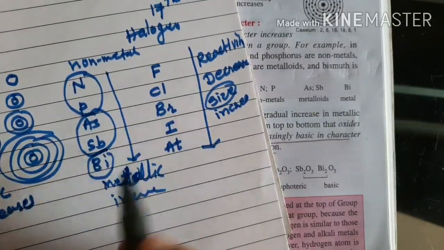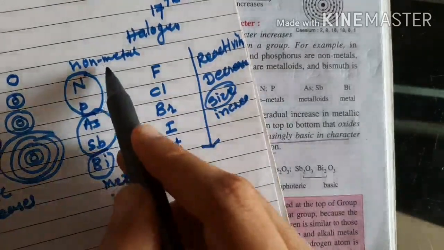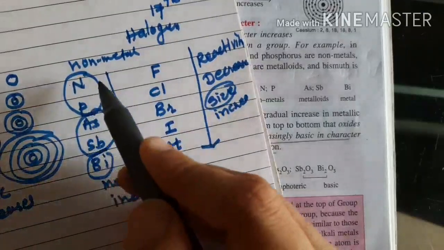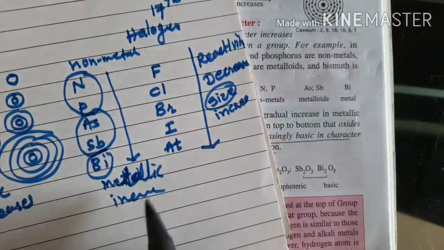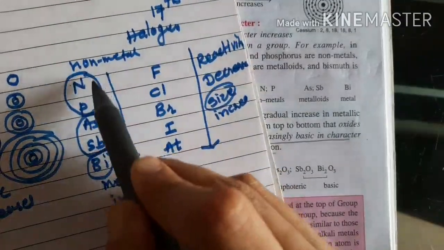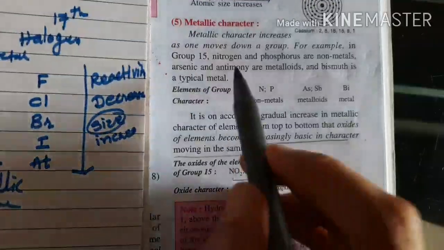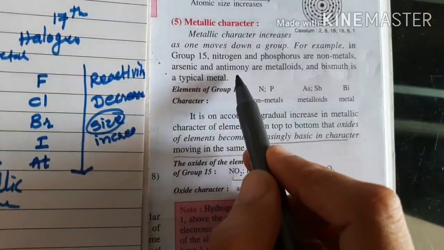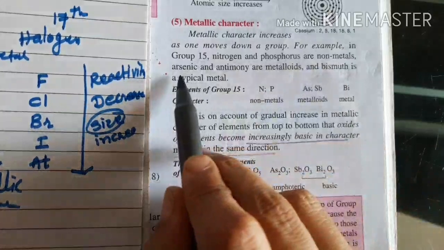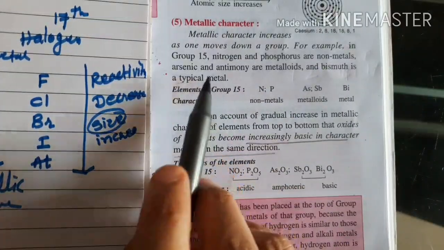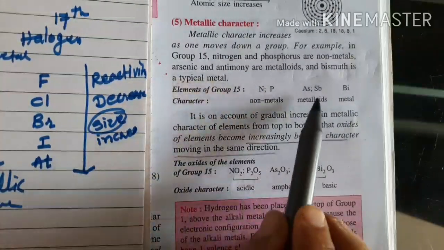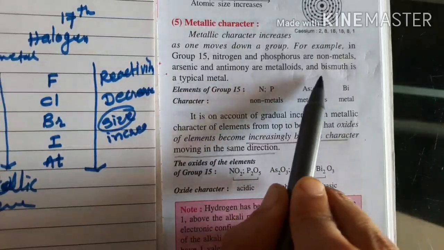And then bismuth is a metal. So non-metal to metal, that is why we can say the metallic character is increasing. Arsenic and antimony (Sb is antimony) are metalloids, and bismuth is a typical metal.